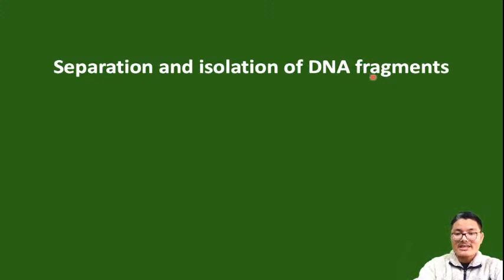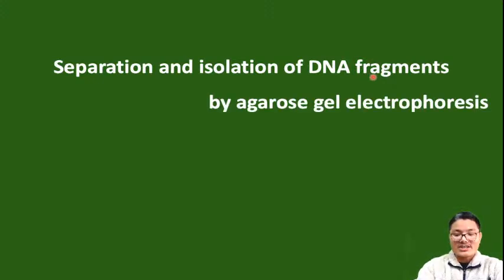So you have already studied about extraction of DNA, right, from different plant sample as an experiment in your first term. So usually after the extraction of DNA, in order to purify the DNA, we use a technique called Agarose Gel Electrophoresis.